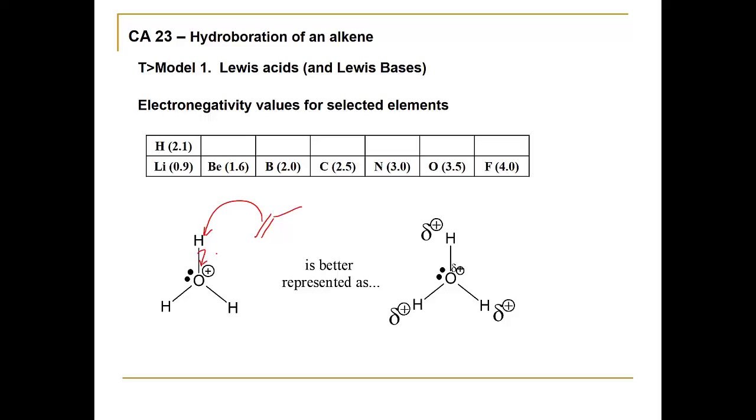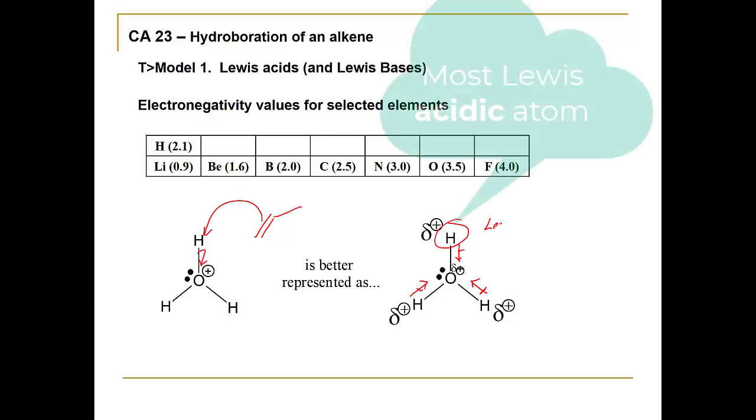So for instance, we know that oxygen is considerably more electronegative than the hydrogen. So while the oxygen bears the positive formal charge, to some degree that's attenuated by the fact that the oxygen is more electronegative. Electrons are being pulled along the sigma bonds from the hydrogen towards the oxygen. And in fact, it's the hydrogen that is the most Lewis acidic atom.